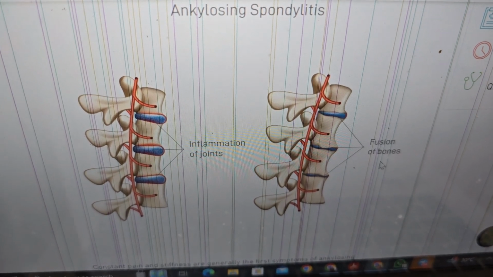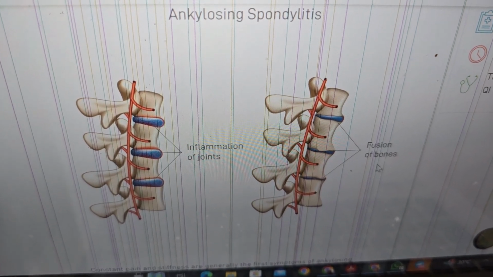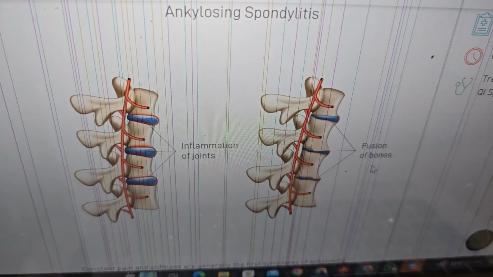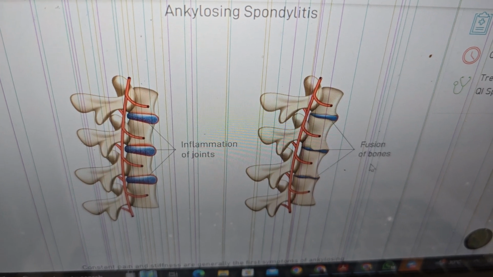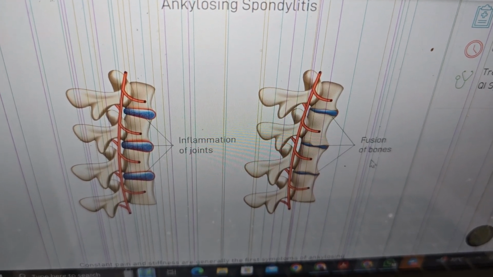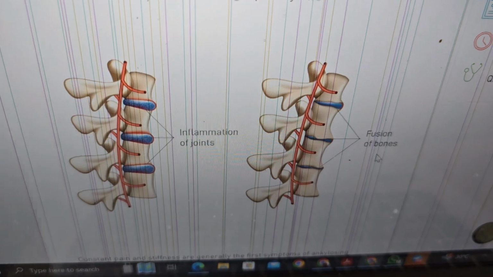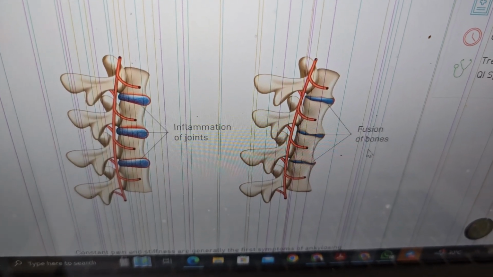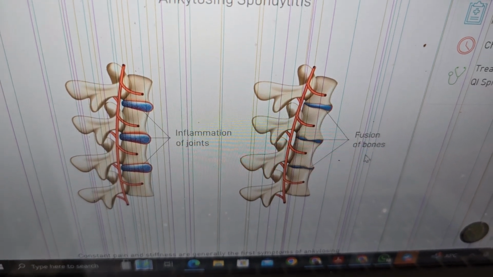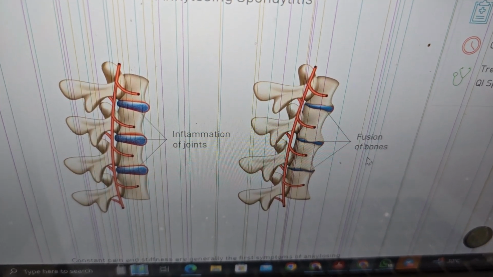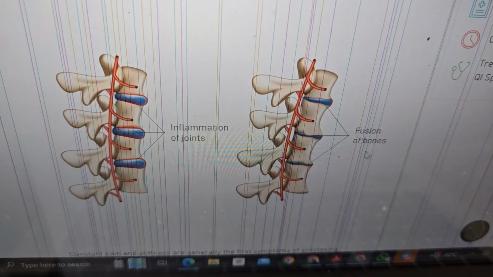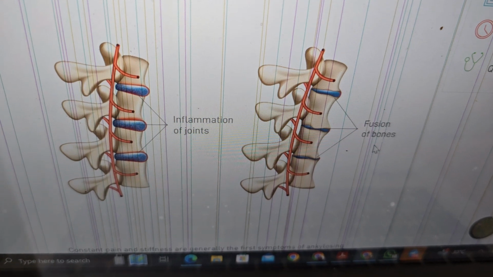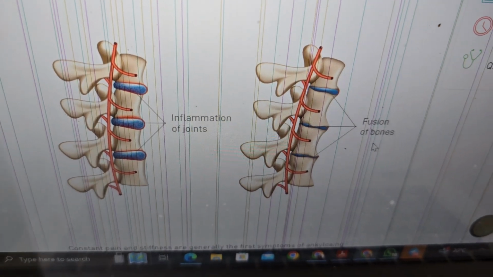When you see these kinds of pictures, your mind is cleared about the behavior of the disease: the inflammation of the joints, the later fusion of the joints, and when the inflammation goes off, the fusion of the spine and abnormal calcification at the joint area.